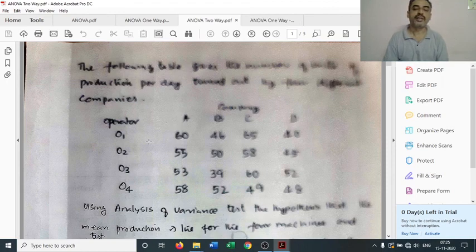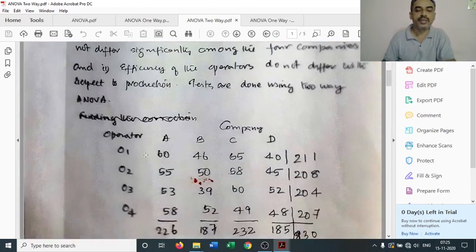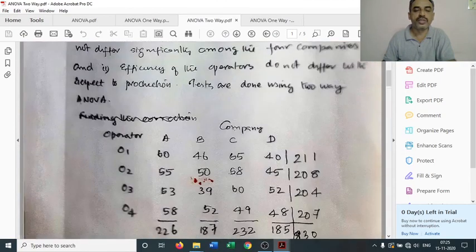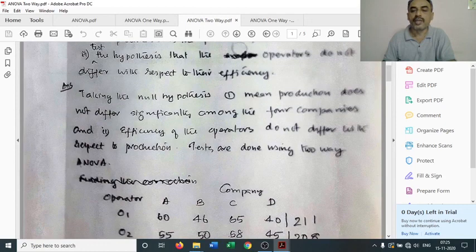Factor A is also known as the treatment, and factor B is generally known as variety. We are rewriting the entire values here. H0 is that mean production does not differ significantly among the four companies, and the efficiency of the operators does not differ with respect to the production.